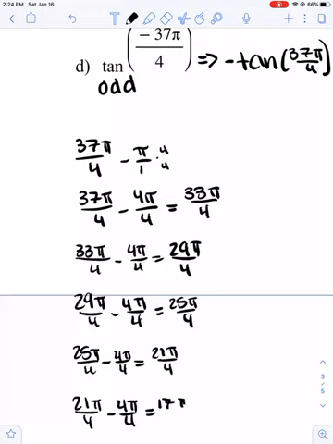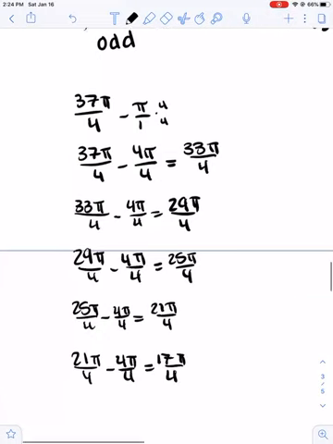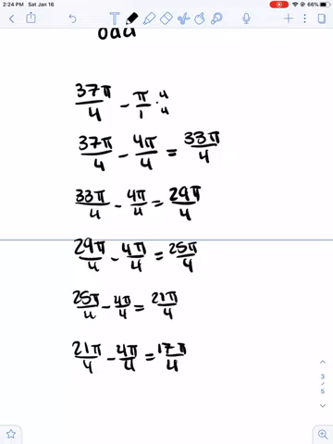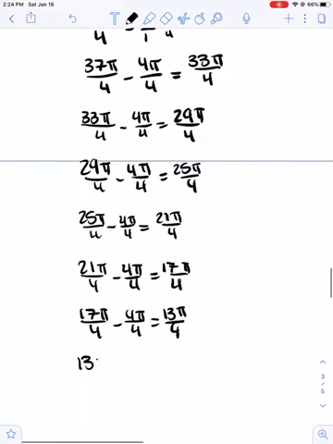It's going to take us a little bit to get there. So 17 pi over 4 minus 4 pi over 4 equals 13 pi over 4. We're getting closer.